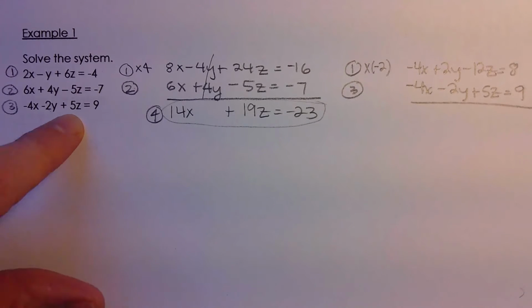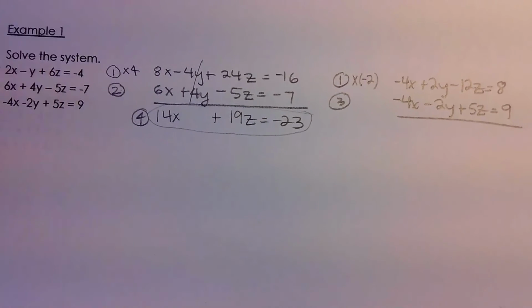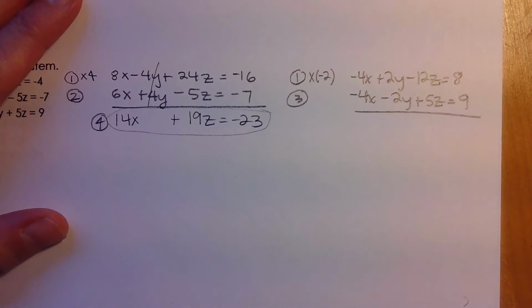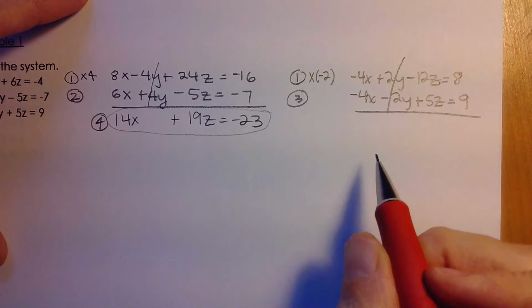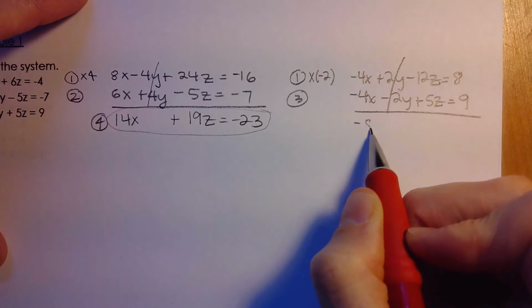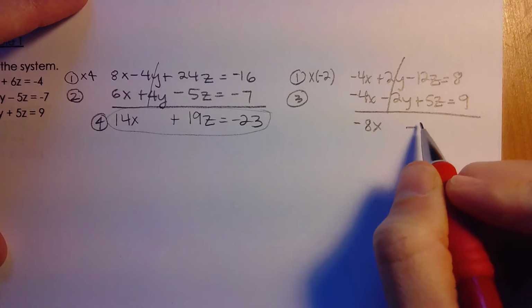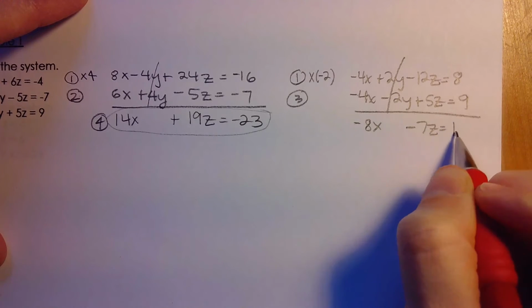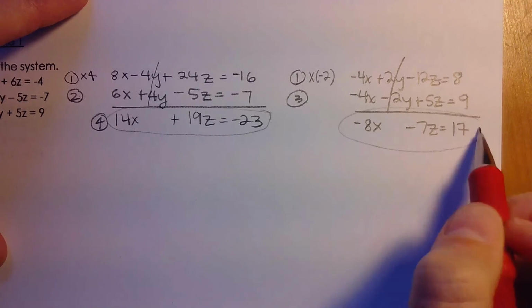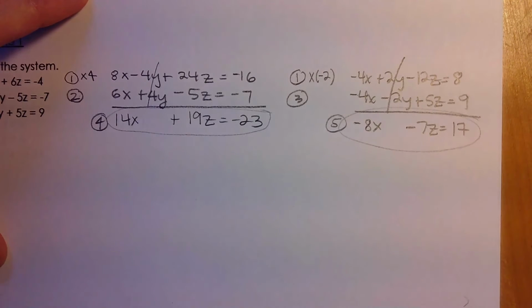All right, now I'm going to add my two equations together. I'm kind of off the edge of the paper there. The y's once again cancel. You have to cancel the same variable on this first step. That's minus 7z equals 17. Okay, this is going to be my equation 5.